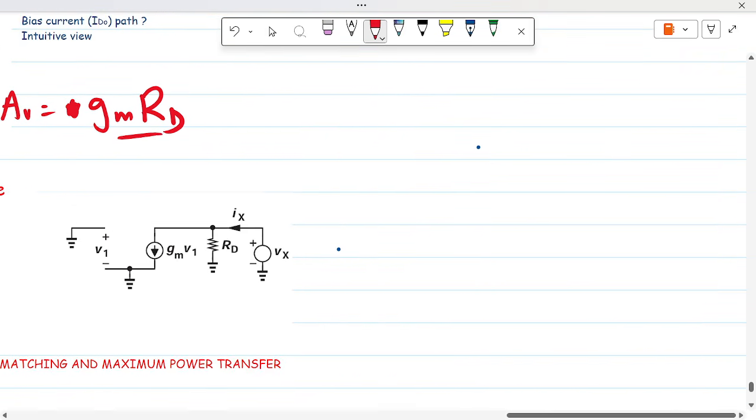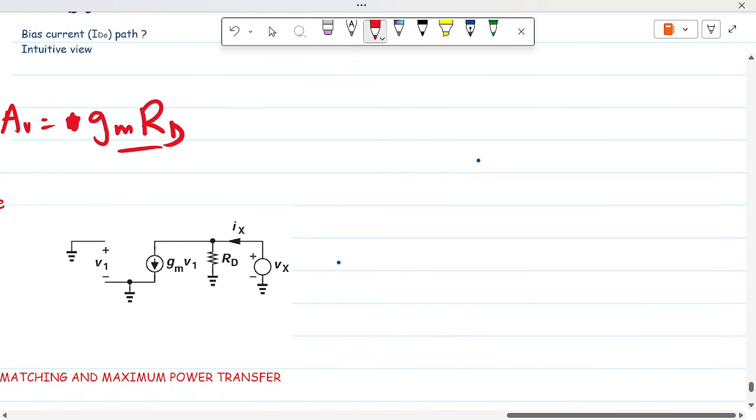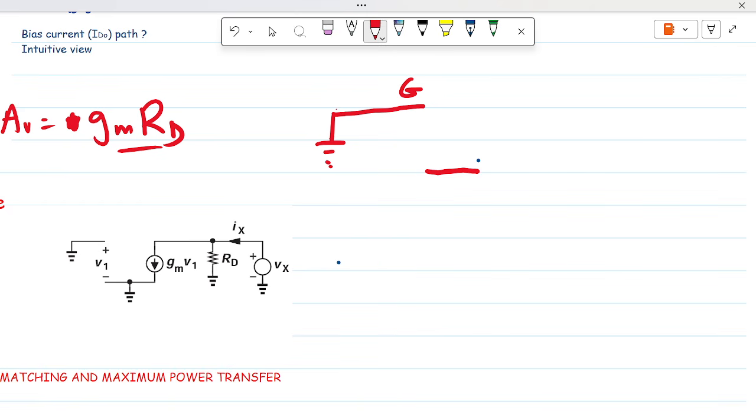So we just draw the small signal model this way. Our gate is grounded. Then we have large input impedance between the gate and the source. And our signal is connected to the source. So this is our input Vin.